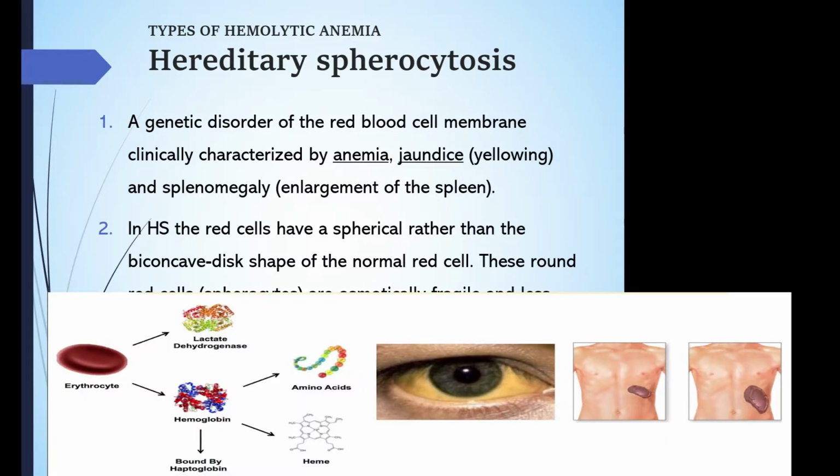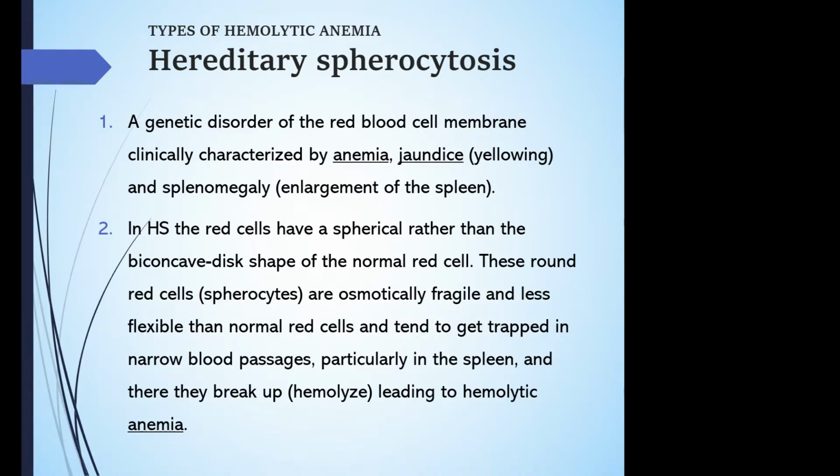In spherocytosis, it is a genetic disorder of the red blood cell membrane, clinically characterized by anemia, jaundice, which means the body becomes yellow, and splenomegaly, which means there will be enlargement of the spleen. In hereditary spherocytosis, the red blood cells have a spherical rather than the biconcave disc shape of the normal red cell.